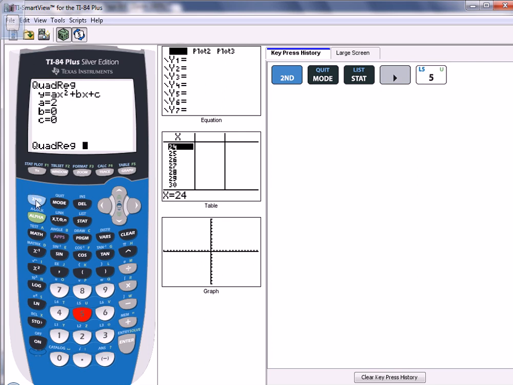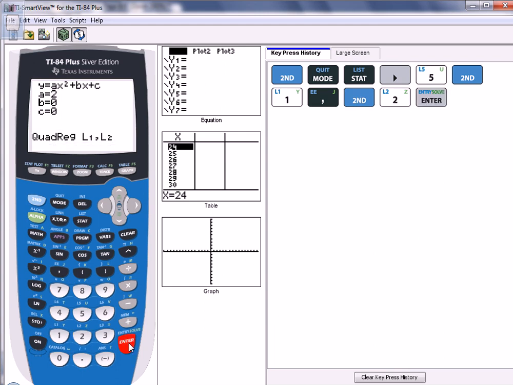We put our data in L1, so second 1, comma, second 2. L1 is second 1, the comma is right above the 7, L2 is second 2. And hit enter.